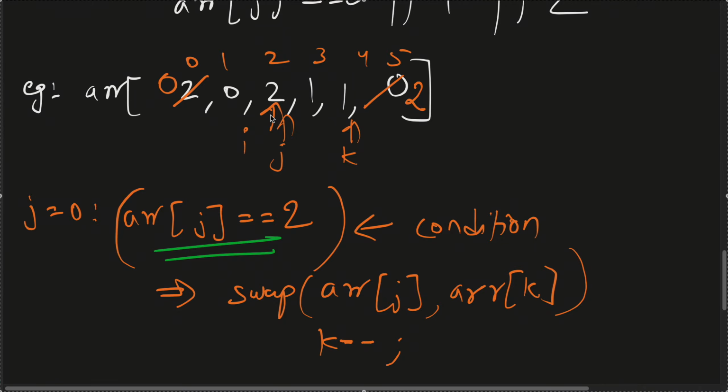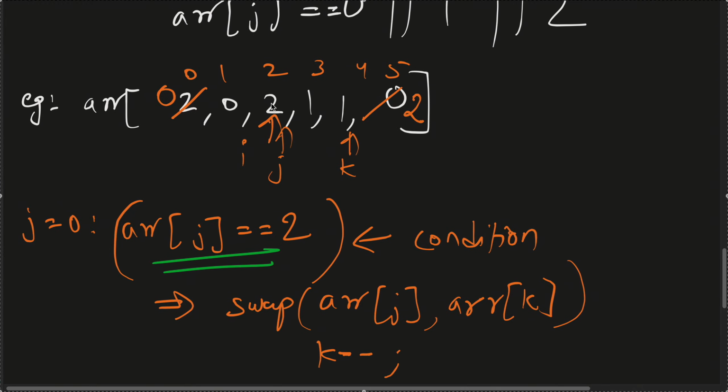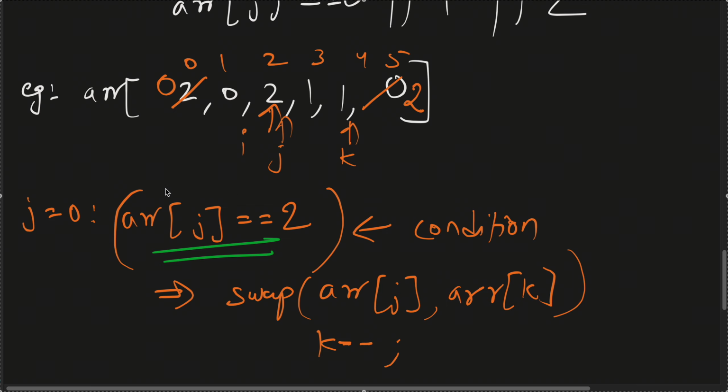Now at this position the value of j is 2. So if the value of j is 2, what action do we need to take? Here they have mentioned, if array of j is 2, then we will swap array of j with array of k. So we will swap these two elements, here will be 1, here will be 2, and then we will decrement k.